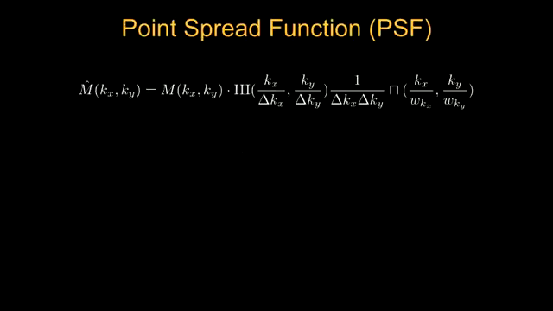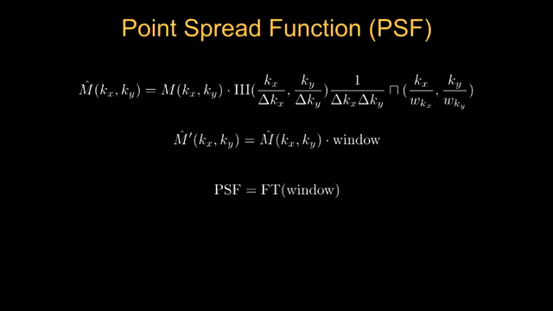So as I said, you have this M hat kx ky, and then multiply by the windowing function. The windowing function will give you the behavior or the trade-off, right? And to understand the trade-off, an easy way is looking at the point spread function. This is your acquired k-space data.